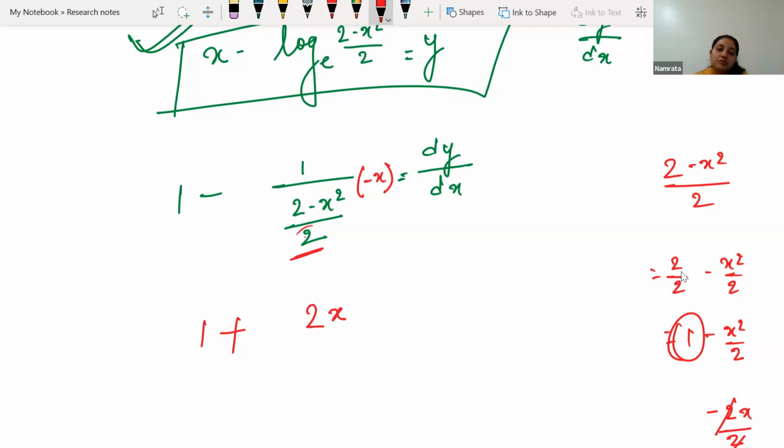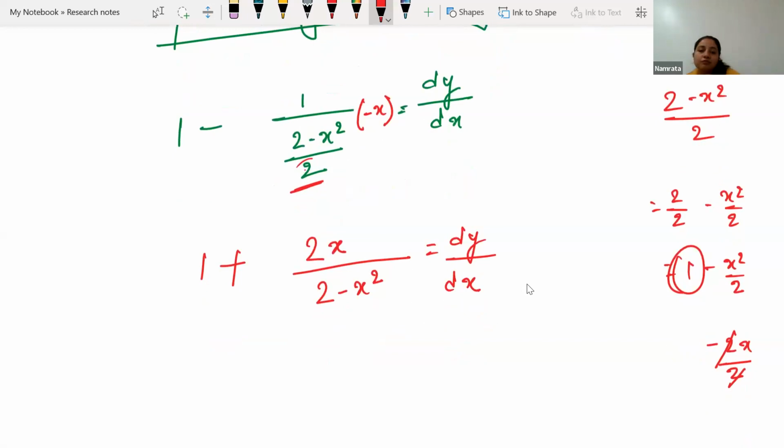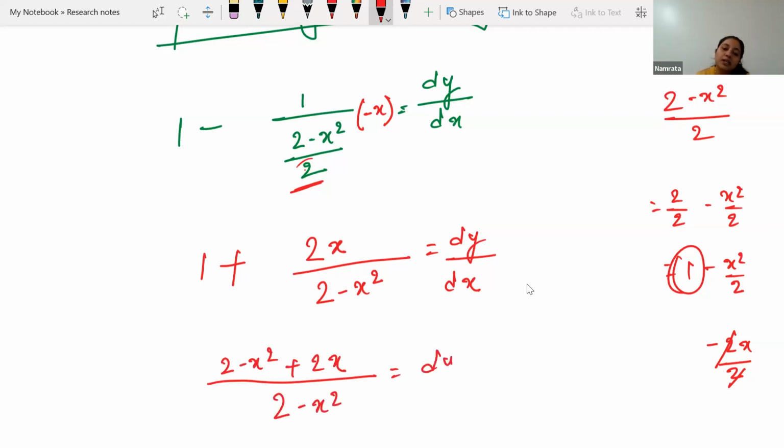This 2 will go upside, and in the denominator we have 2 minus x square, equal to dy by dx. For finding the critical point, we'll be doing dy by dx equal to 0. But let's simplify this left hand side first. So we will have 2 minus x square plus 2x in the numerator over 2 minus x square, equal to dy by dx.